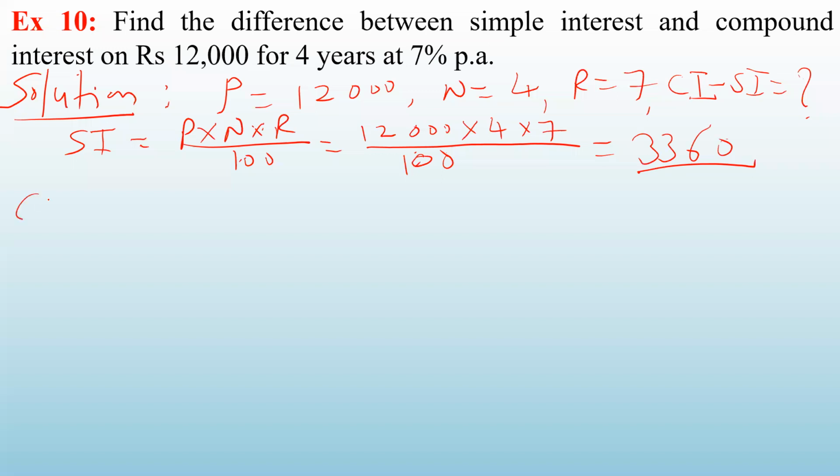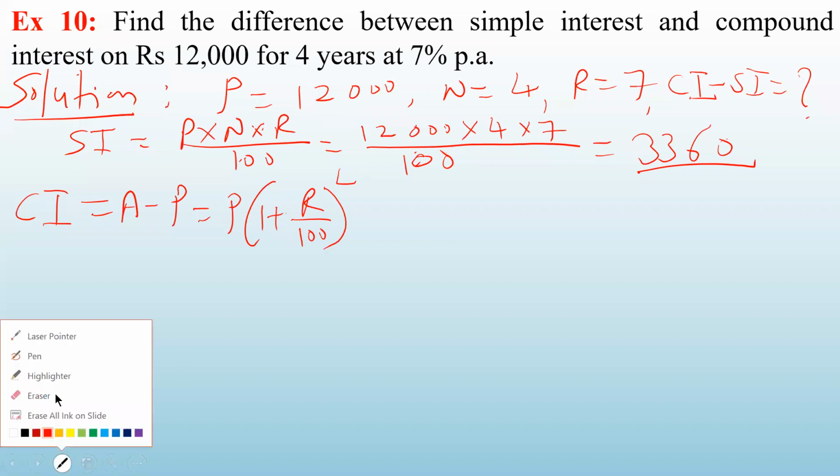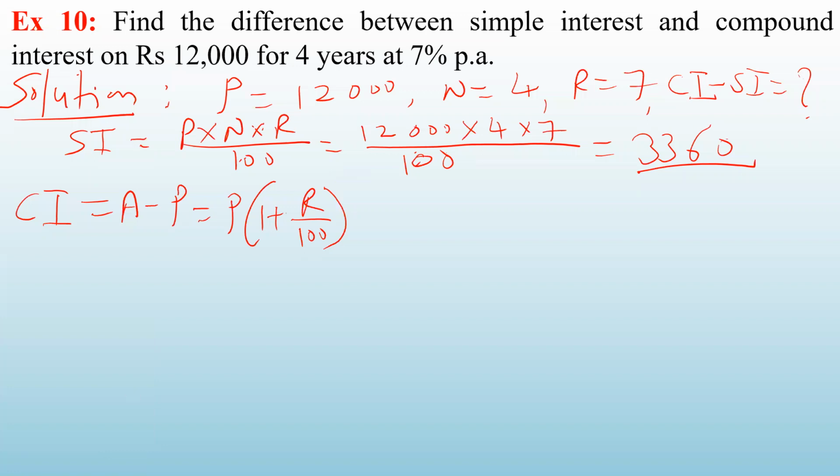Okay. Now let us find out the compound interest. What is compound interest? It is amount minus principal. You know what is amount? It is P into 1 plus R upon 100 raised to power N, minus P. Okay. So P is how much?